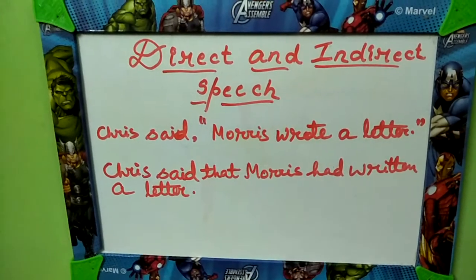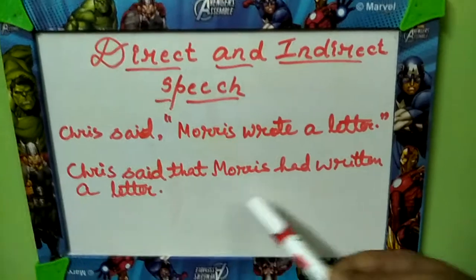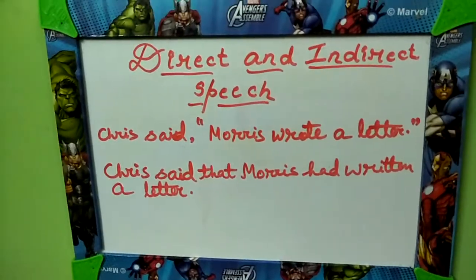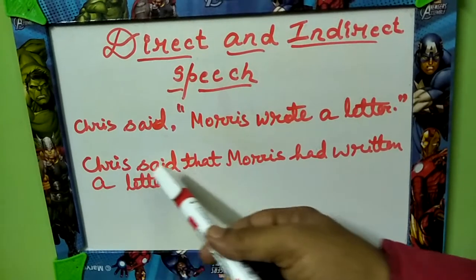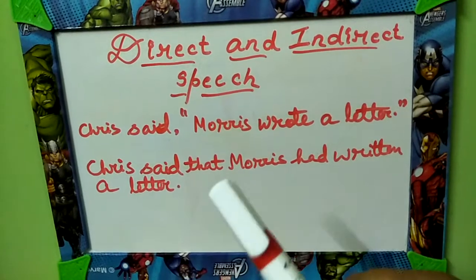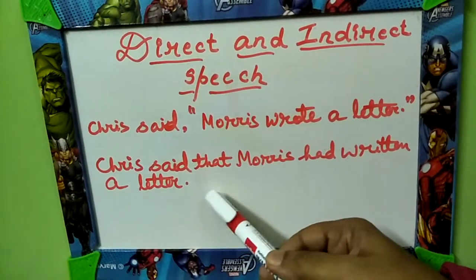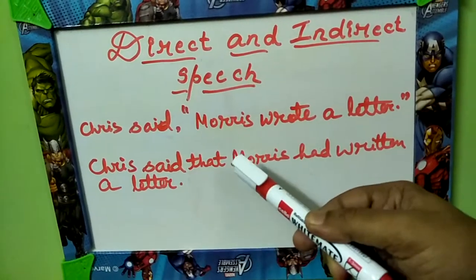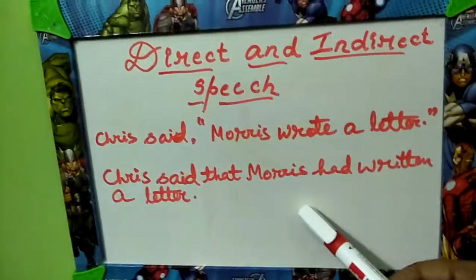And when someone else is saying Chris' speech, that is indirect speech, where we do not use the double inverted commas. Chris said that Morris had written a letter. So what did Chris say? Morris wrote a letter. Now someone else is saying the same speech, that Chris said that Morris had written a letter. This is indirect speech.